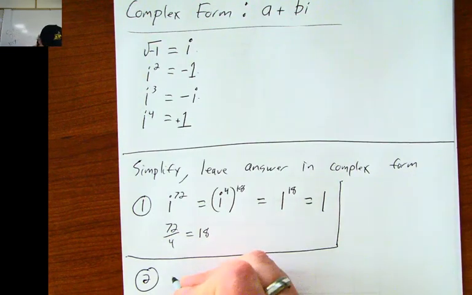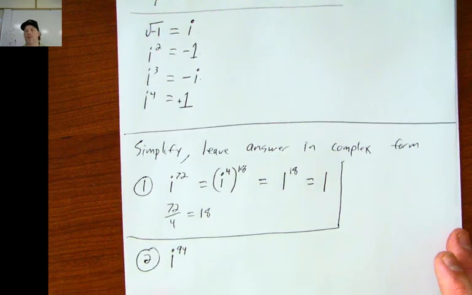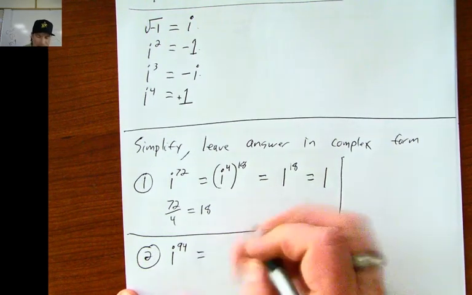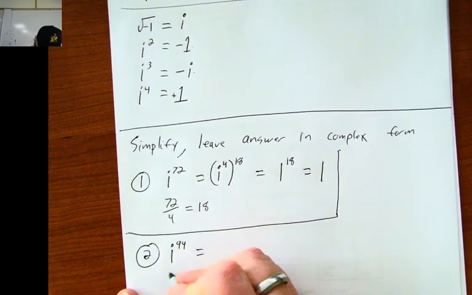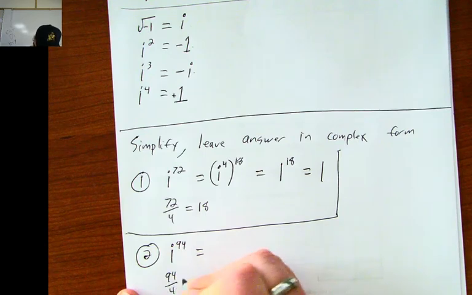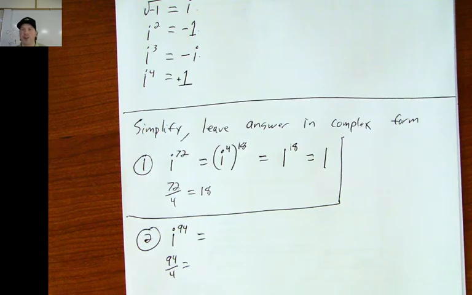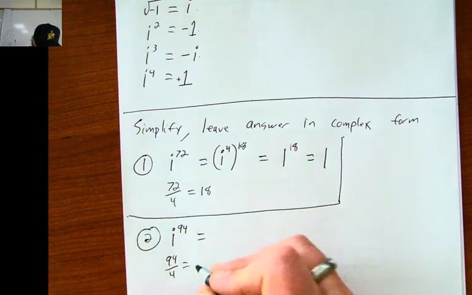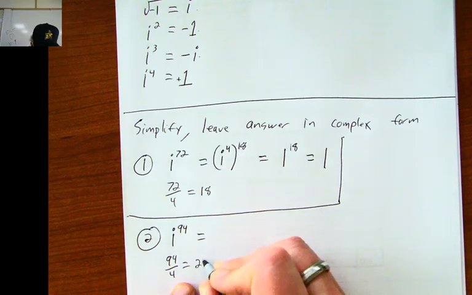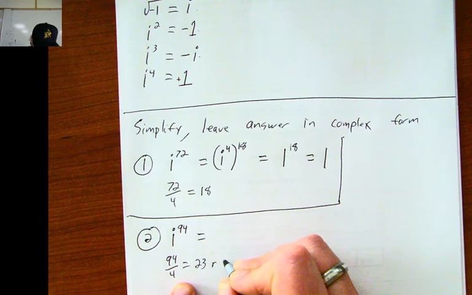Example number 2. i to the 94. i to the year Elliott graduated high school. Same thing. I guess on the side you could do your 94 divided by 4. Let's see. I'm going to cheat here. I'm going to use my calculator. 94 divided by 4. That is 23.5, or I'm going to say 23 with the remainder of 2.